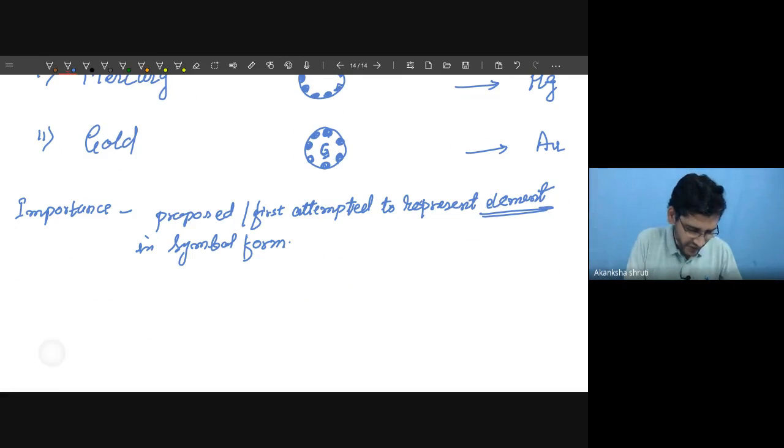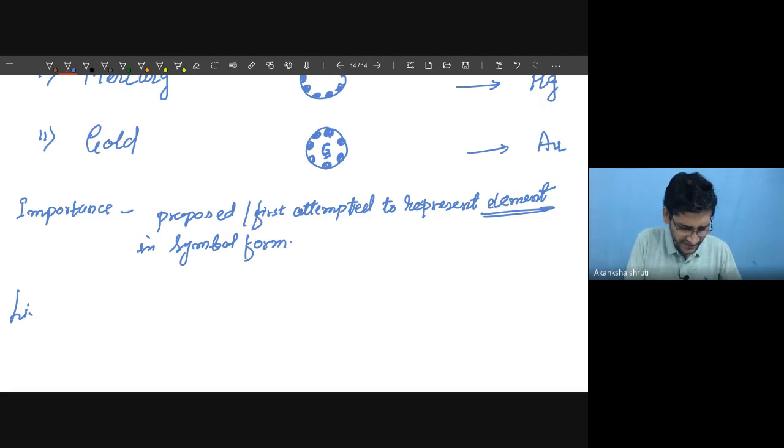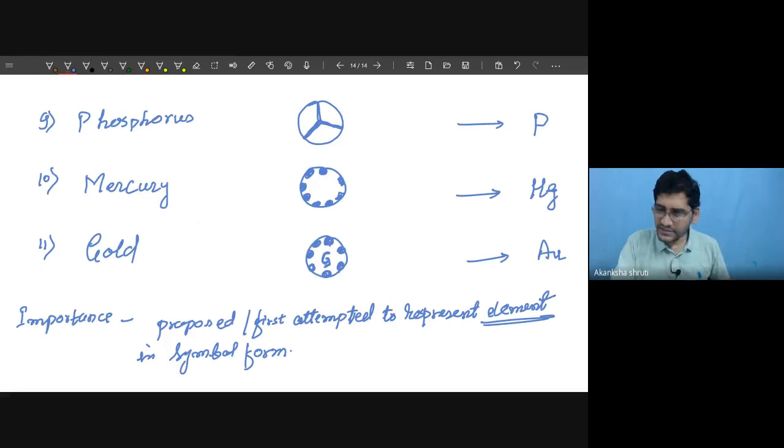But what were the drawbacks and limitations? The bigger challenge was to keep the symbol in mind, meaning it was difficult to remember the symbol itself. If we consider, say, phosphorus, are you getting it? It is difficult to remember this symbol.